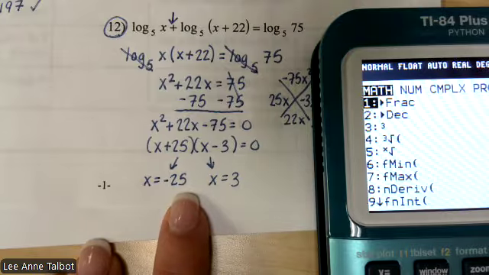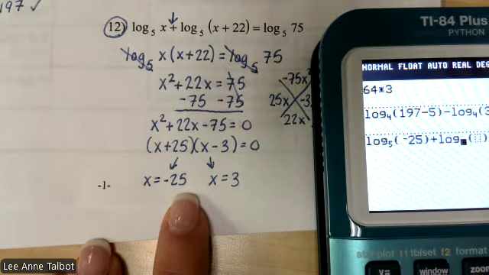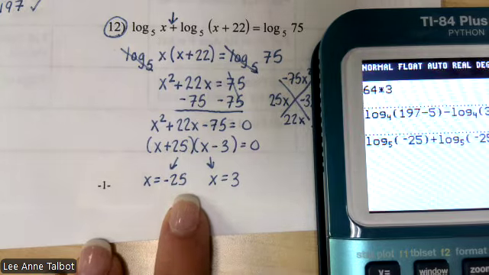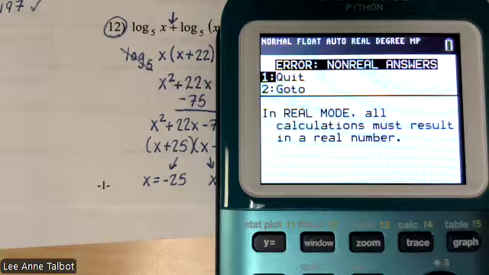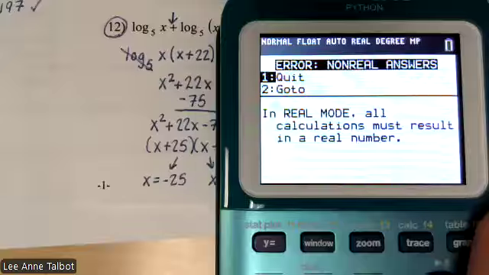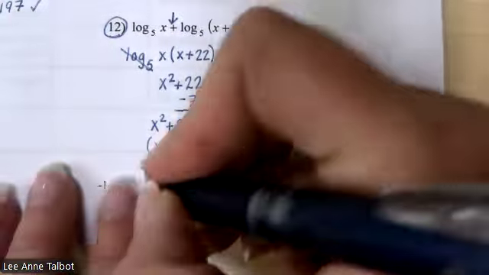Plus log base 5 of negative 25 plus 22. What's going to happen? Anybody remember? It's been a really hot minute. It's going to give you an error, and that's how you know that you have an extraneous solution. So you're going to cross this one out.